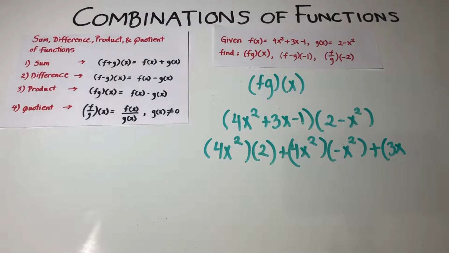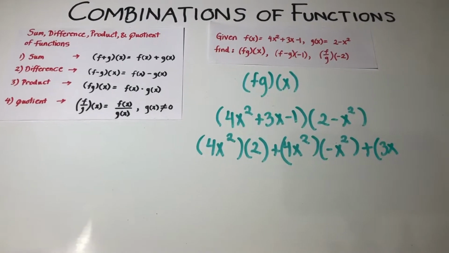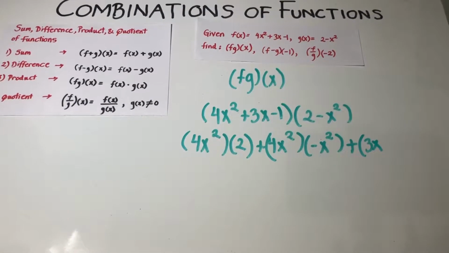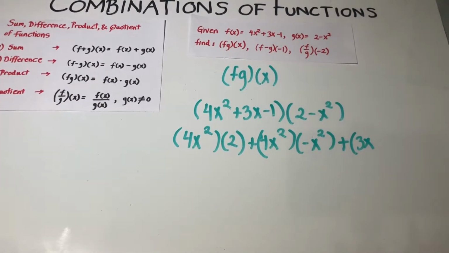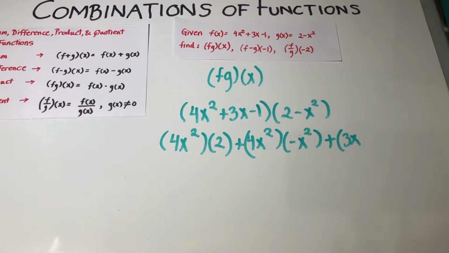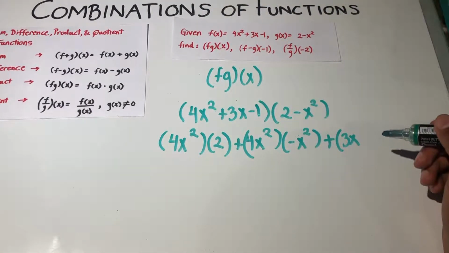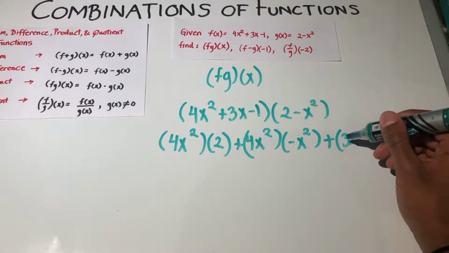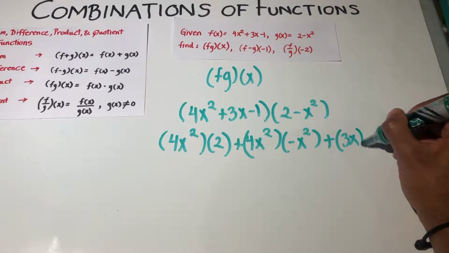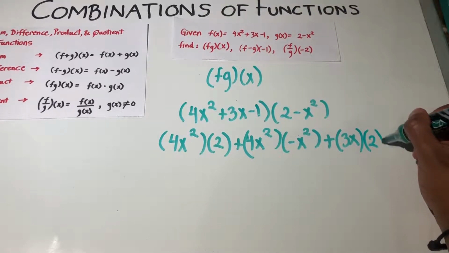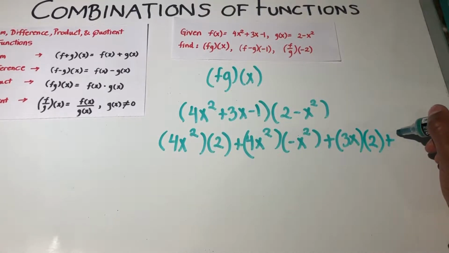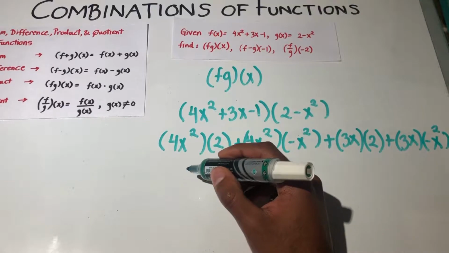I'm going to run out of space here, so let me just move the camera a little bit. So 3x times 2 plus 3x times negative x squared. We're going to continue here.